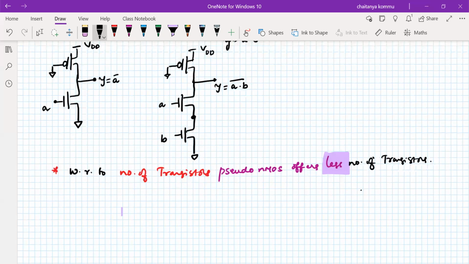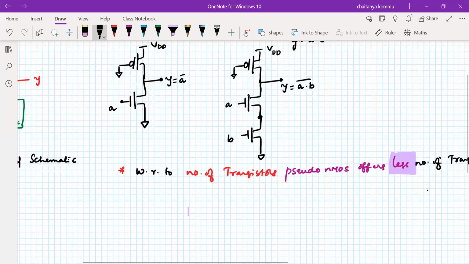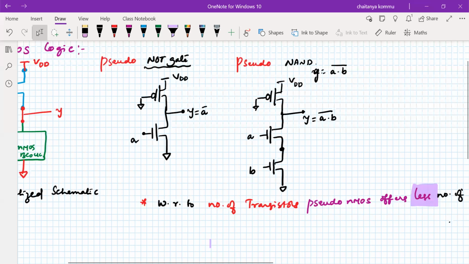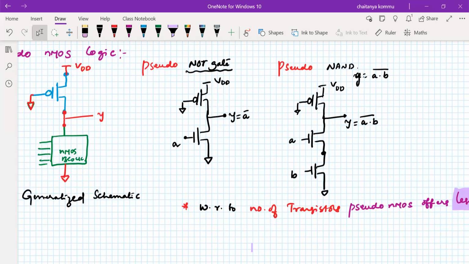Actually, when compared to the depletion mode type of transistor, the size is large compared to the PMOS transistor. The length is actually 4 times that we have to consider, and the length is 8 lambda for the depletion type, while the PMOS doesn't require 8 lambda.